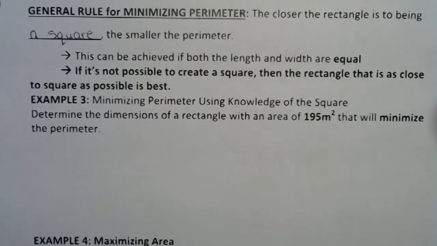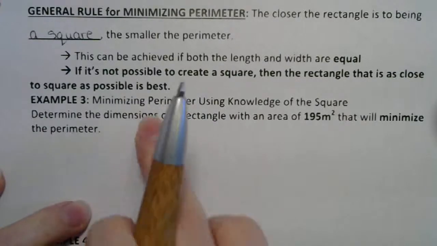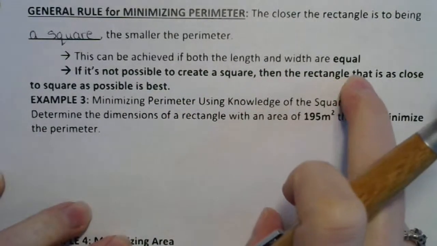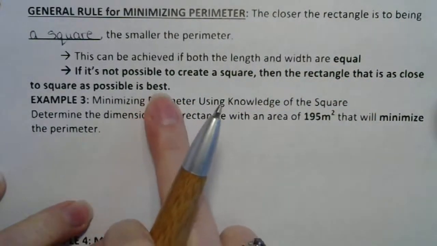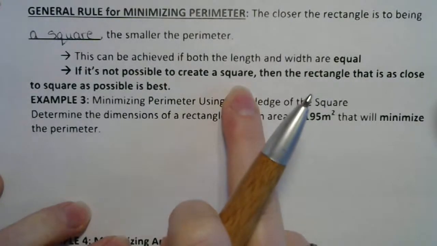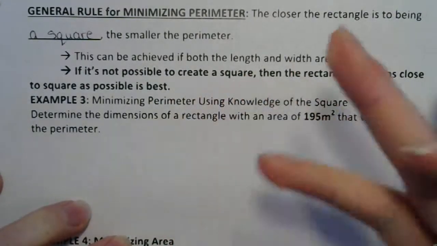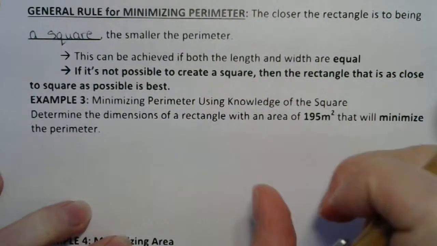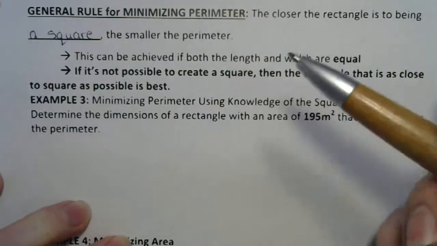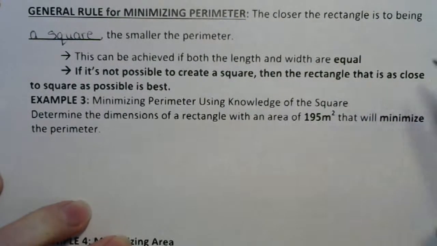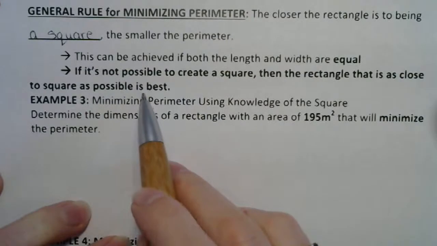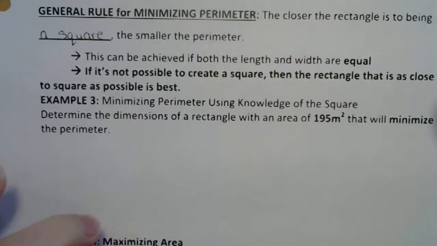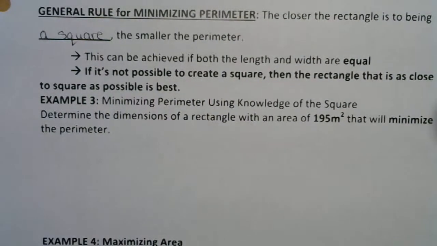Okay, so this can happen if both the length and the width are equal. If it's not possible to create a square, so in other words, our number was an area of 36, so it's possible to create a 6 by 6 square for that one. If it's not, the rectangle that is as close to a square as possible is the best one. So you always want to get your rectangle as close to being a square as possible.